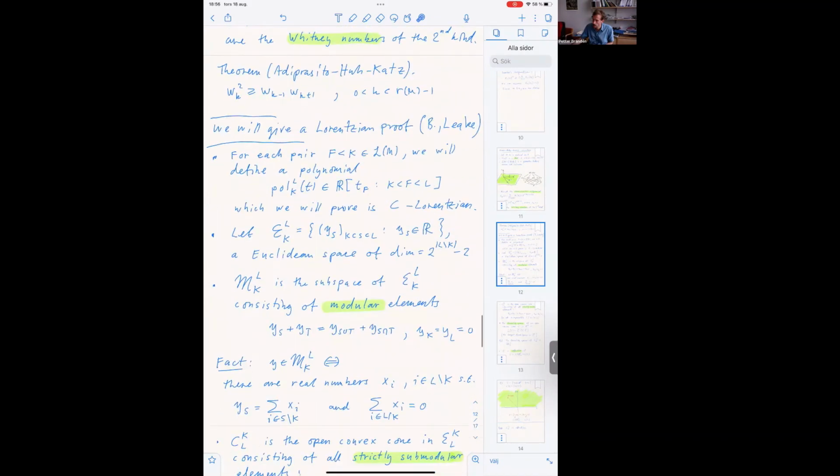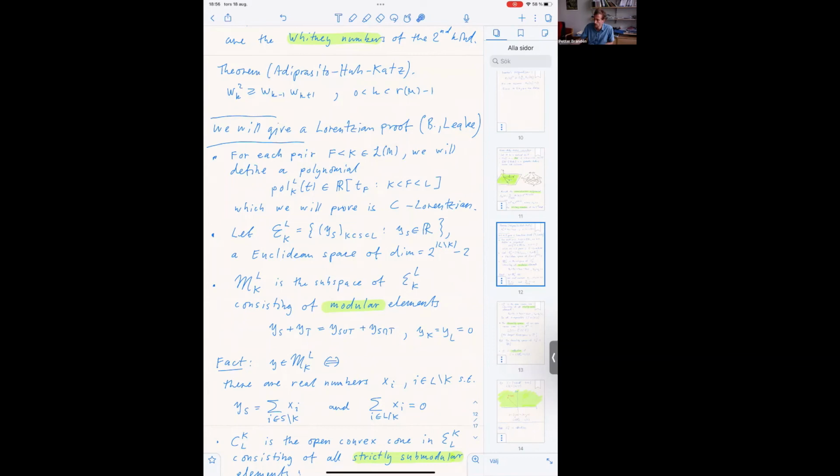And what we will try to do next time is to sketch a proof of this. We won't have time to go over all the details, but I'll give you the sort of gist of it. To prove this using just Lorentzian polynomials on cones.